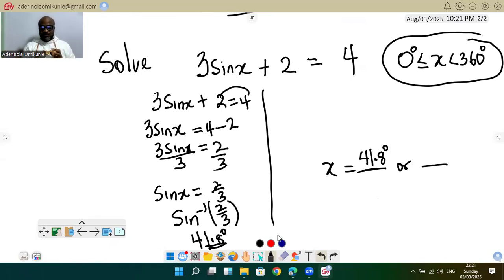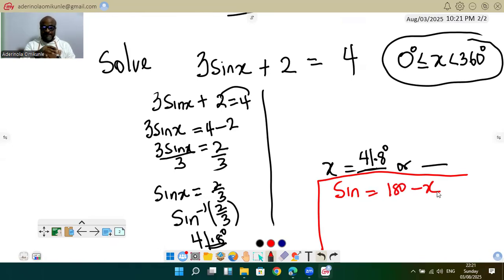So now I'm going to write a couple of things down for you to be able to see as a guide. So what I'm going to write here is now how to get the second angle. If it is sine, you're basically doing 180 minus the first angle you've gotten.